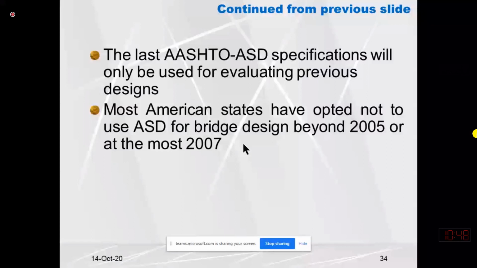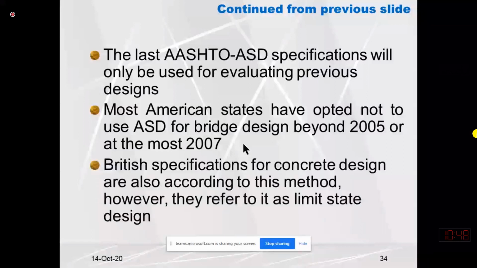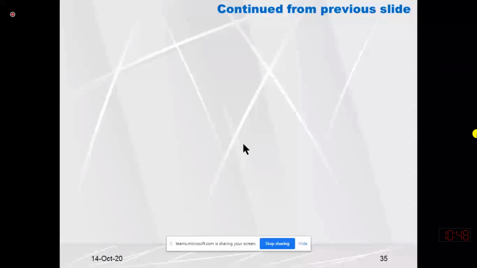British specifications for concrete design are also according to this method. However, they refer to it as limit state design. In British code and European code, LRFD, load and resistance factor design, is referred to as limit state. We put a limit on strength and also on the load. American universities are only teaching LRFD now.